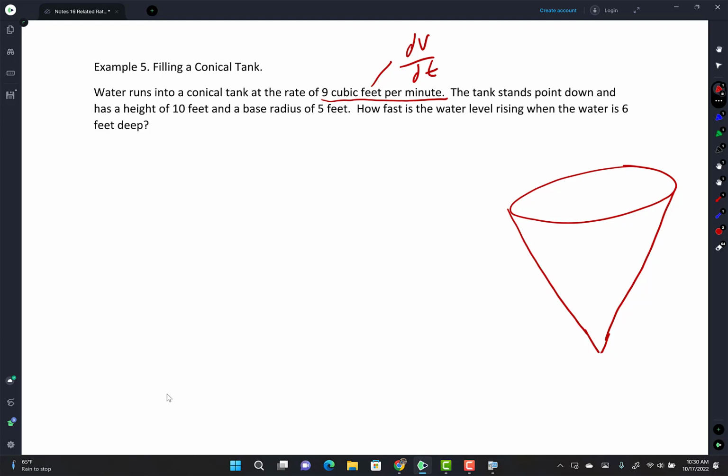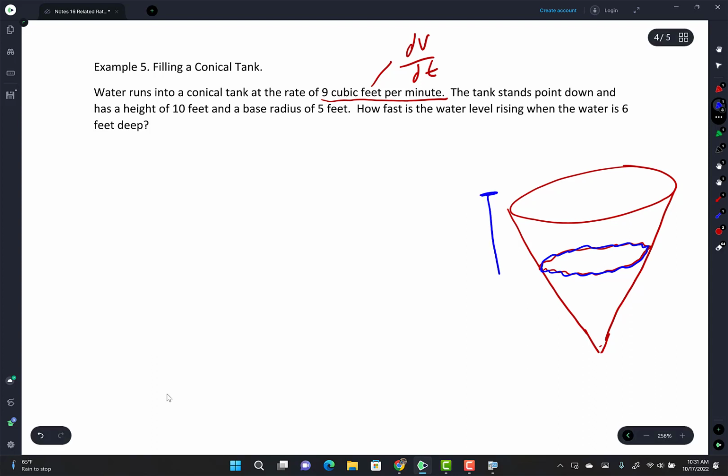Okay, yeah. So here's my tank. And here's the water in the tank. Oh, you guys want me to use blue for water? Okay. The tank stands point down and has a height of 10 feet and a base radius of 5. So for the height, you can put 10 here like so, because that is static.